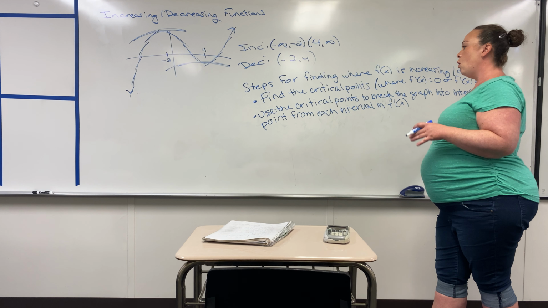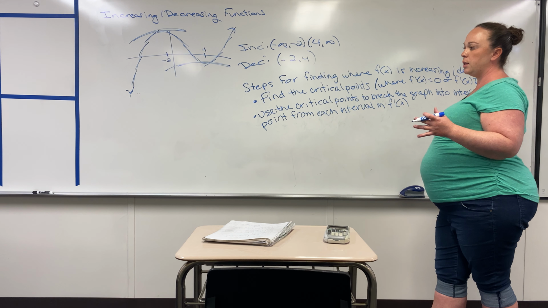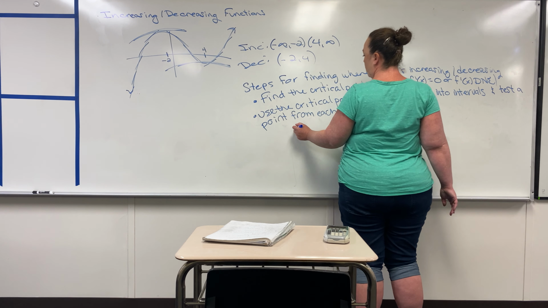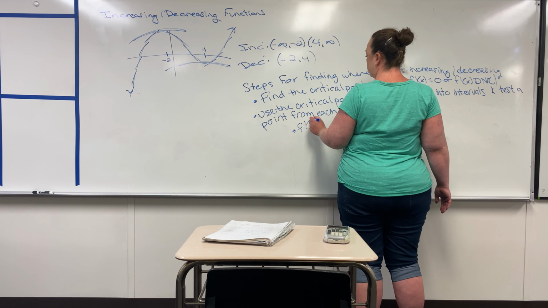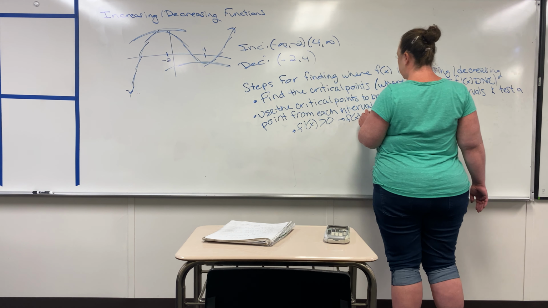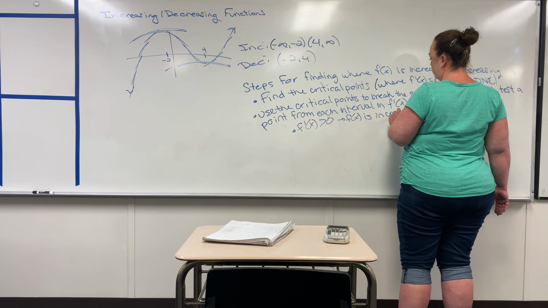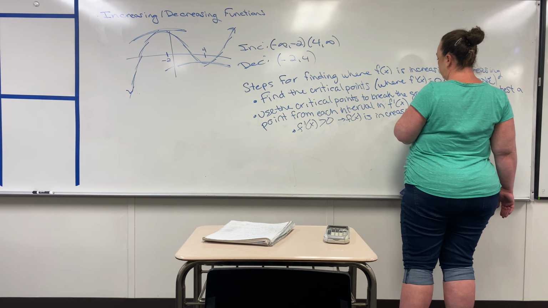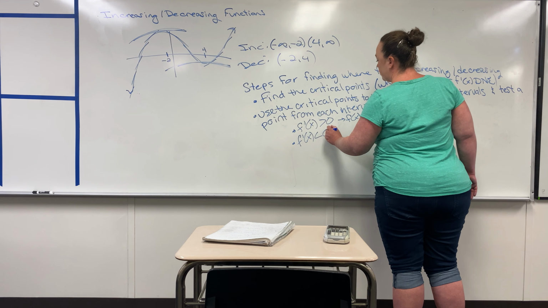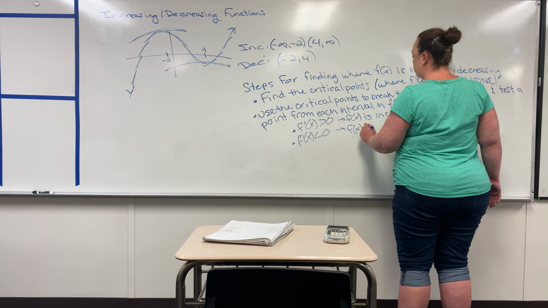At that point, one of 3 things will happen, but really one of 2 things should happen. If f prime of x is greater than 0, or it's positive, then f of x is increasing. If f prime of x is less than 0, then f of x is decreasing.